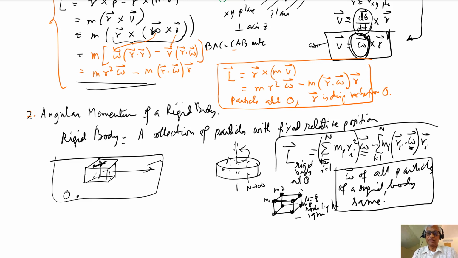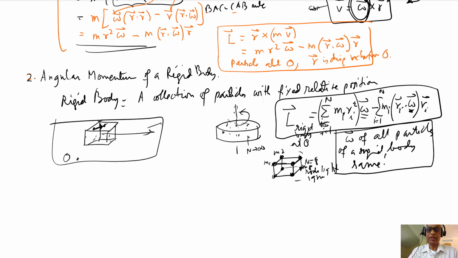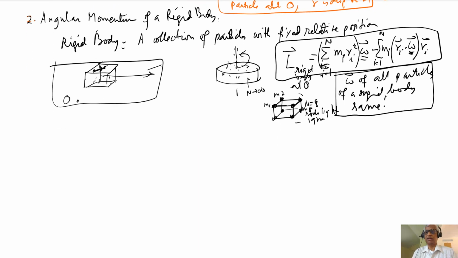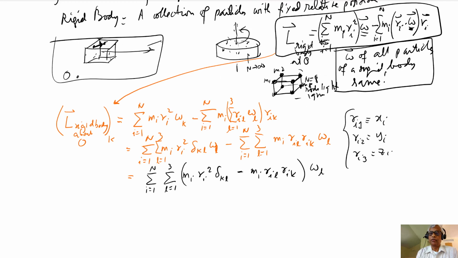So this is the detail of what the angular momentum will look like, but we can actually simplify it and write it in a much more compact notation. So let me do that, and I'll give you a more compact formula for this. Okay, so I took time to write this out in detail, so let me go over that. I'm looking at the kth component of this vector.